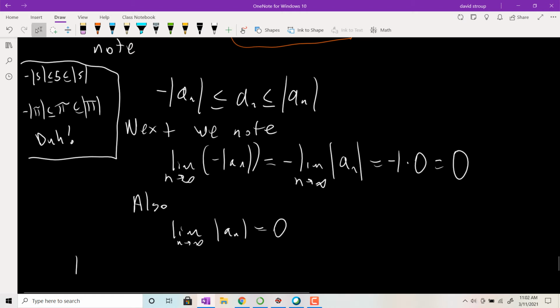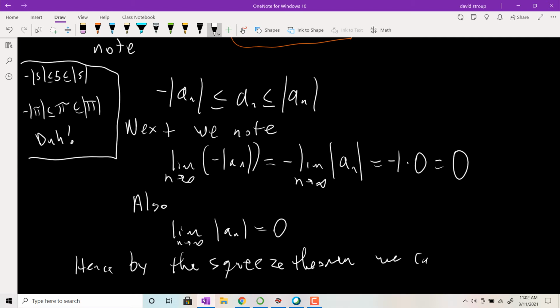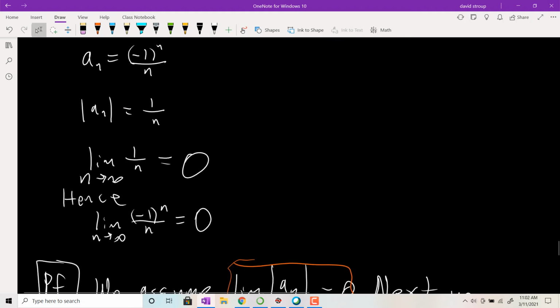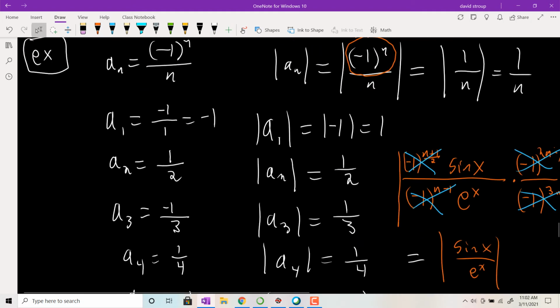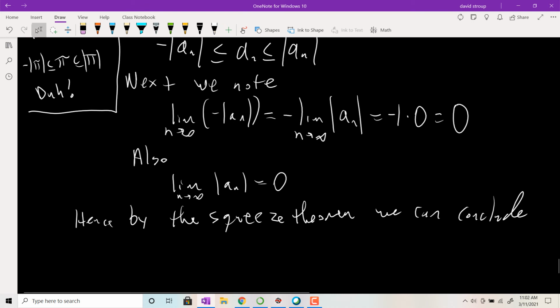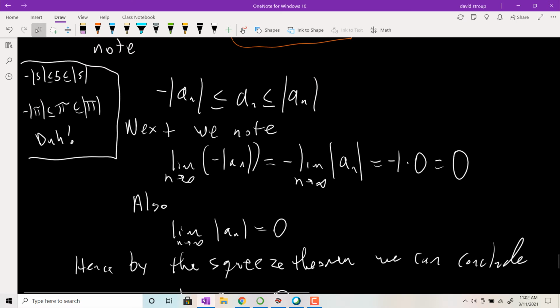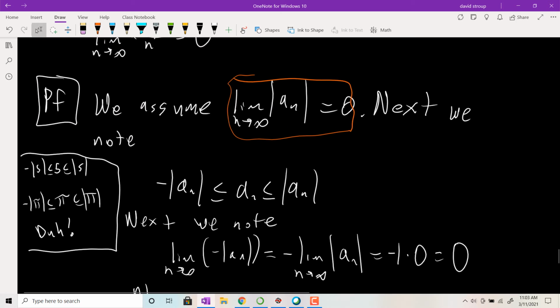So hence, by the squeeze theorem, we can conclude the blue box: the limit of a sub n as n goes to infinity equals 0. Okay. When you do a proof, you need to write it out so people can understand what the heck you're talking about.